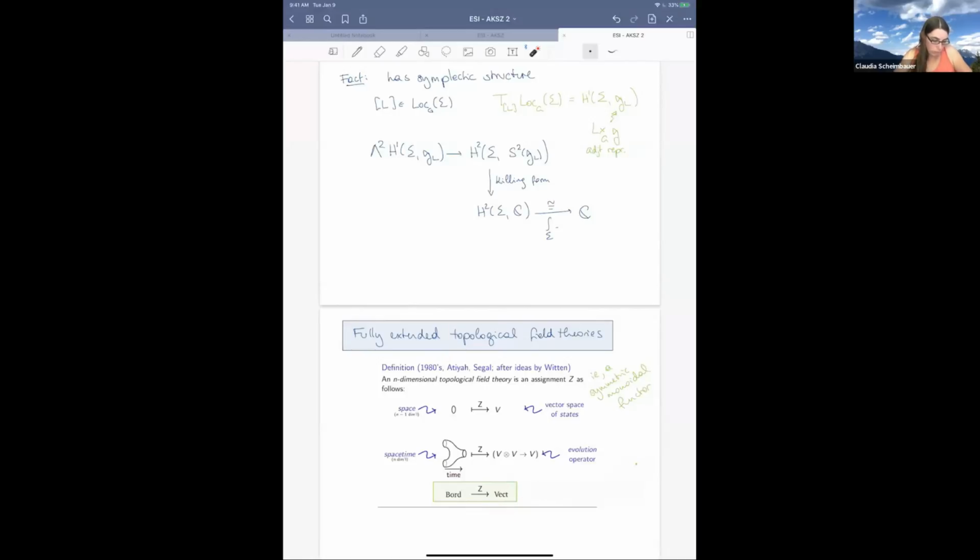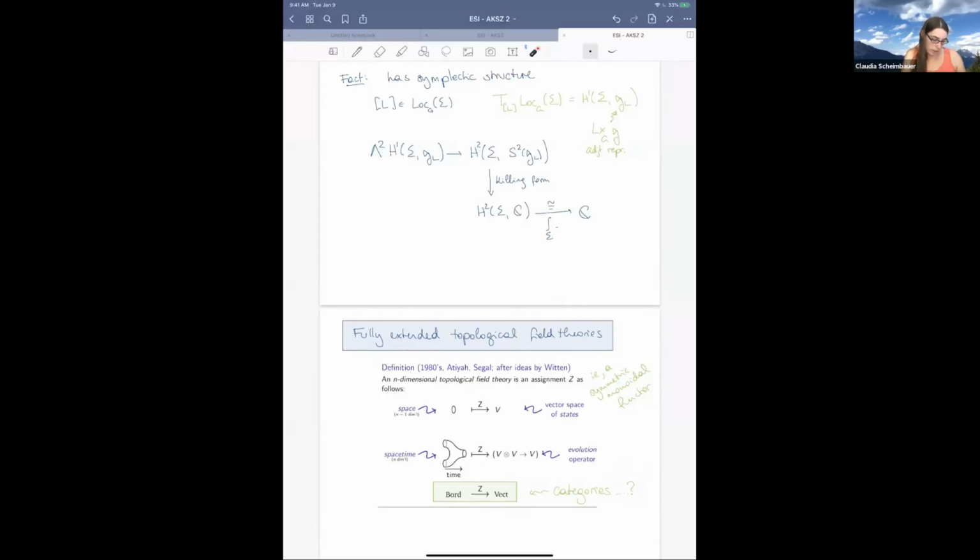So what does fully extended now mean? This will be a symmetric monoidal functor of categories. And the main point now will be that we want to extend.